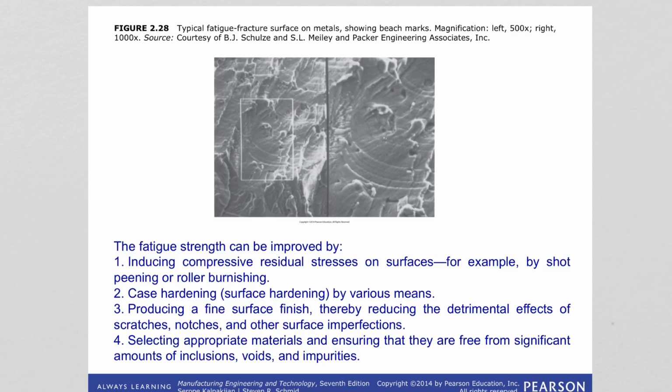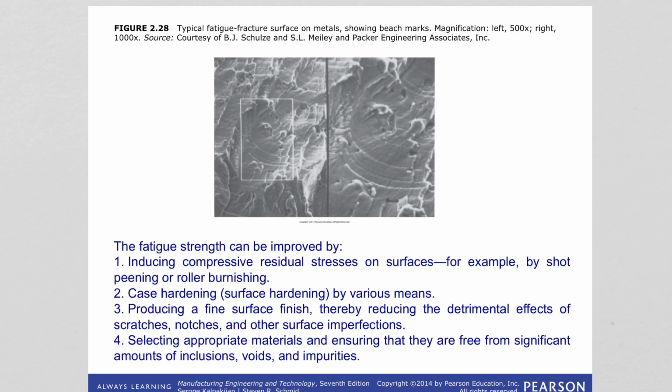Fatigue failure generally occurs in a brittle manner. Remember, fatigue failure is associated with cyclic loads. And as you can see in this microscopic image, the surface in fatigue fracture is generally characterized by what are called beach marks because of these appearances.